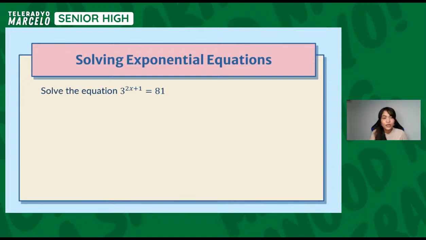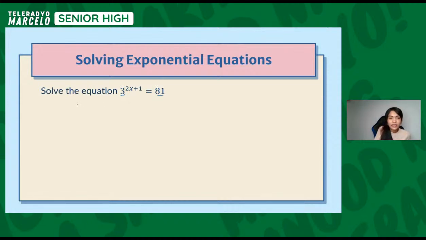Okay, we are going to solve the equation 3 raised to 2x plus 1 is equal to 81. So let's solve this one. The first thing that we must do is we have to rewrite the bases into similar ones. So kailangan magkaroon tayo ng parehong base dito.